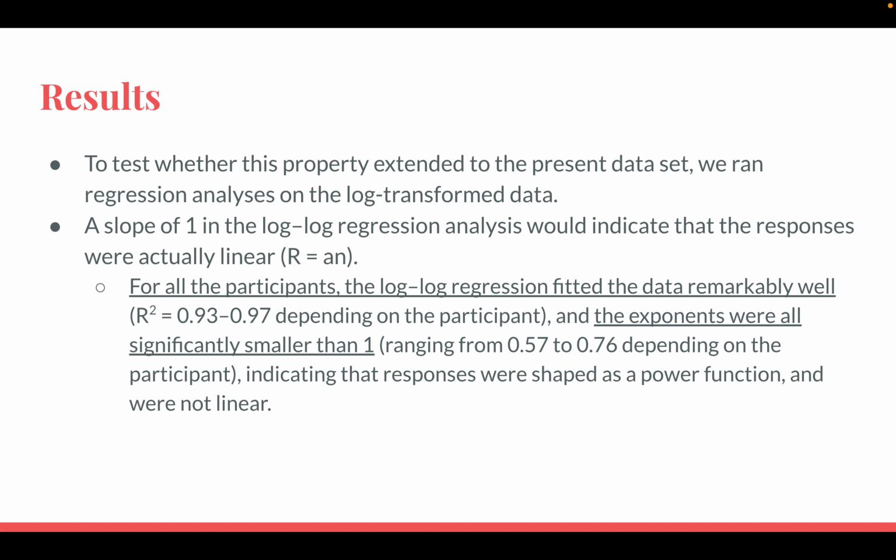If the response functions were power-shaped, then the log transformed response function must be a linear function of the log transformed numerosity. A slope of 1 in the log regression analysis will indicate that the responses were actually linear. Results reveal that the log regression fitted the data remarkably well, and the exponents were all significantly smaller than 1, indicating that responses were shaped as a power function and were not linear.